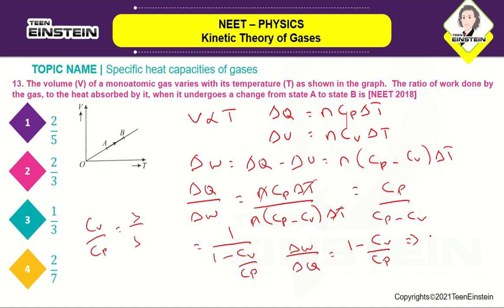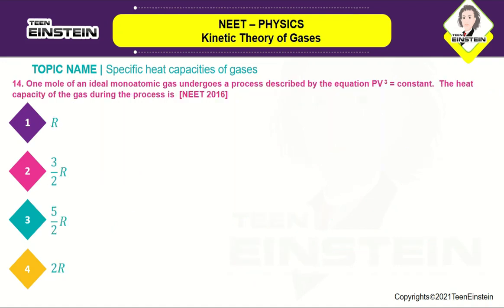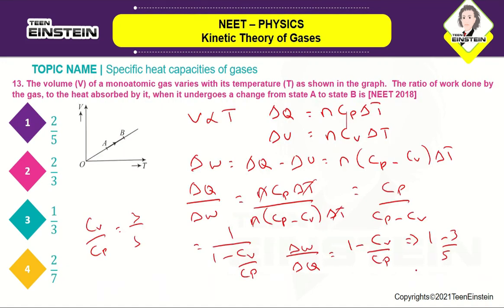So this will become 1 minus 3 by 5, it will become 2 by 5. So the ratio of work done del W by the gas to the heat absorbed del Q is given by 2 by 5. So the correct answer is option number 1.